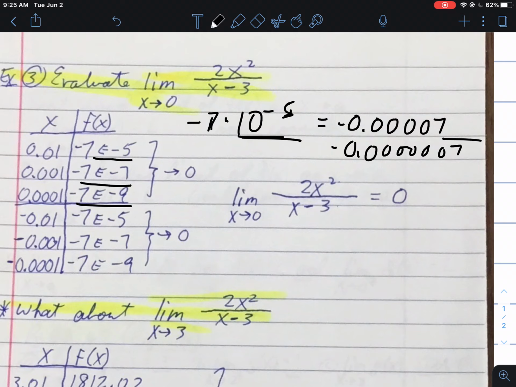Now, for clarification, I want to say this, and we'll probably remind you again later. Thinking about values in general, some of the terms we use, we don't want a misunderstanding or miscommunication on what we mean. When I say a number is getting small, I mean that number is getting close to zero. As opposed to, when you go on a number line, and we have zero here, negative numbers here, positive numbers there.